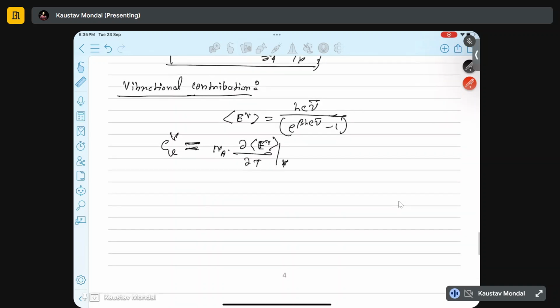If you substitute the expression of the mean energy, you will get CVV in terms of theta V. So you have to use the expression of theta V, which is nothing but k into Hc nu bar.